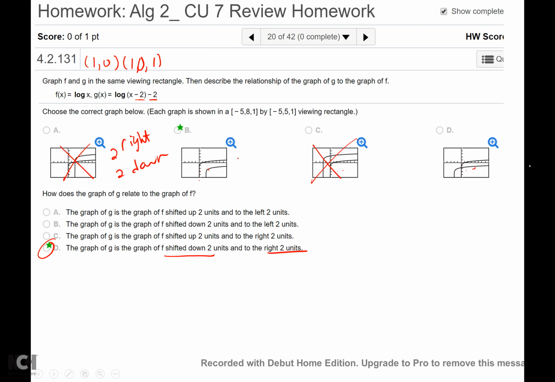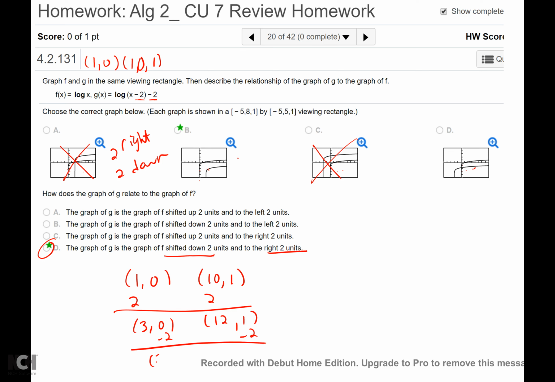So I need to get some clearer points. If I take my parent points, 1, 0, and 10, 1, and do x first, that says add 2 to the x's, which gives me 3, 0, and 12, 1. And the minus 2 says take 2 away from the y's. That's 3, negative 2, and 12, negative 1.